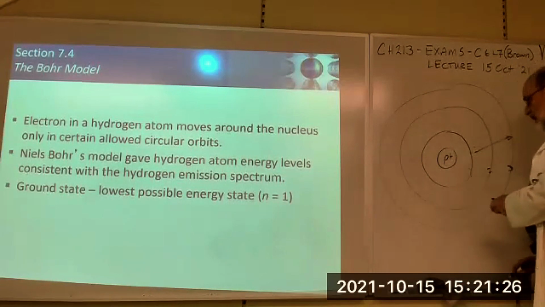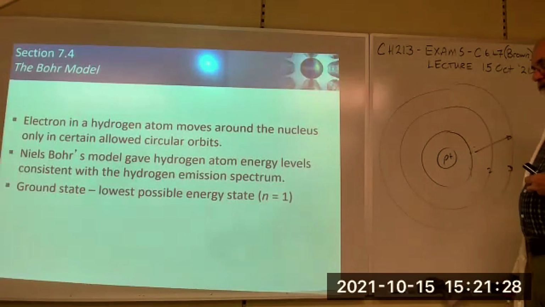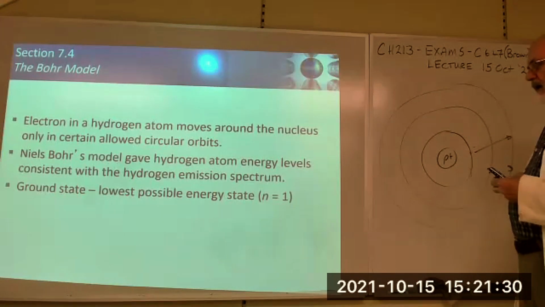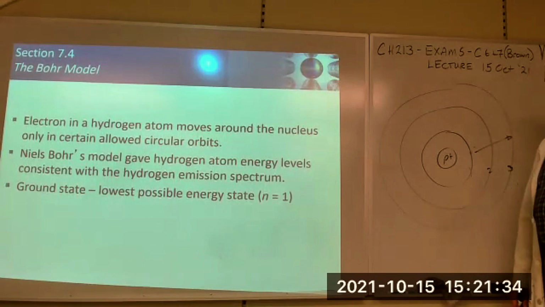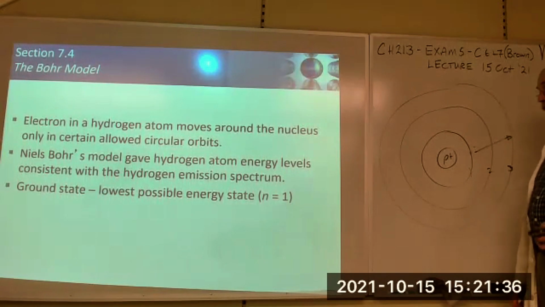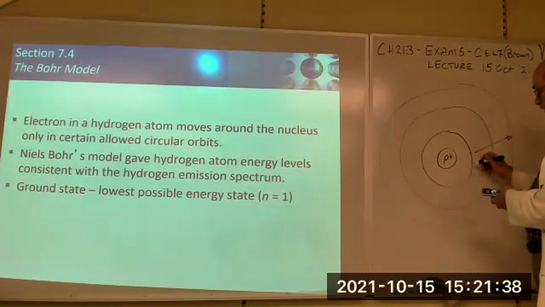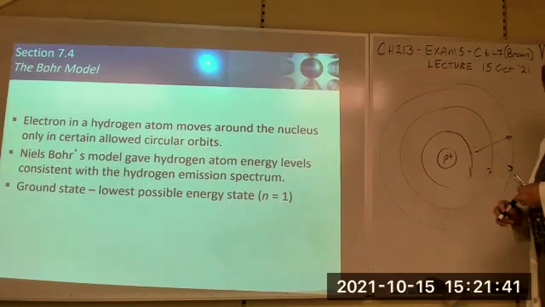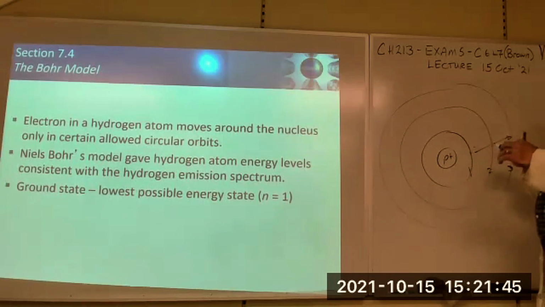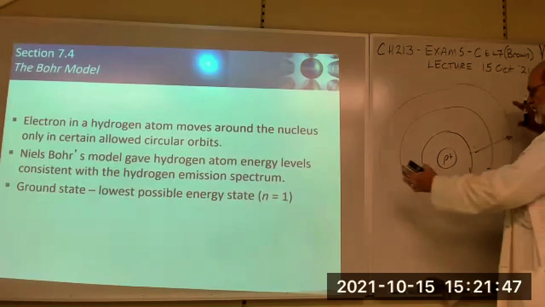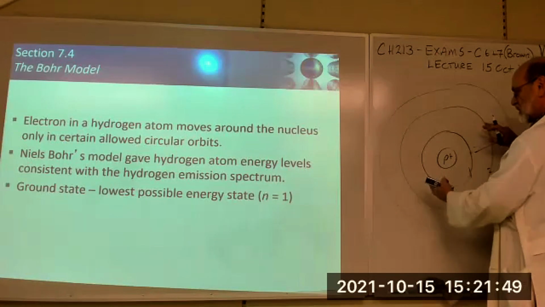Now, the lowest possible energy level, energy state for an electron is known as the ground state. For the hydrogen atom, of course, that'll be energy level 1. That's the ground state. But for multi-electron atoms, it will be whatever is the lowest energy for all of them.